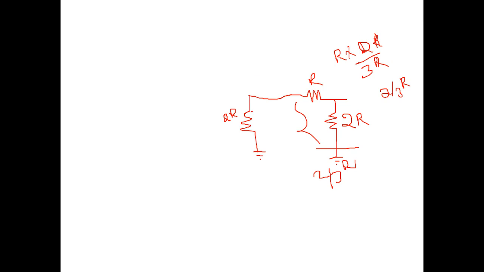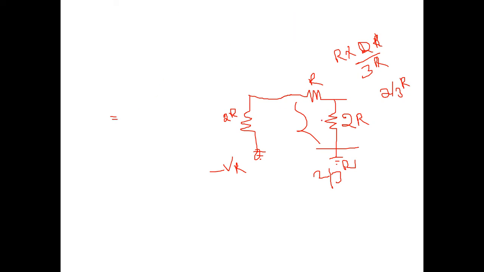Next we need to find the voltage across the resistor. The input here is minus VR.